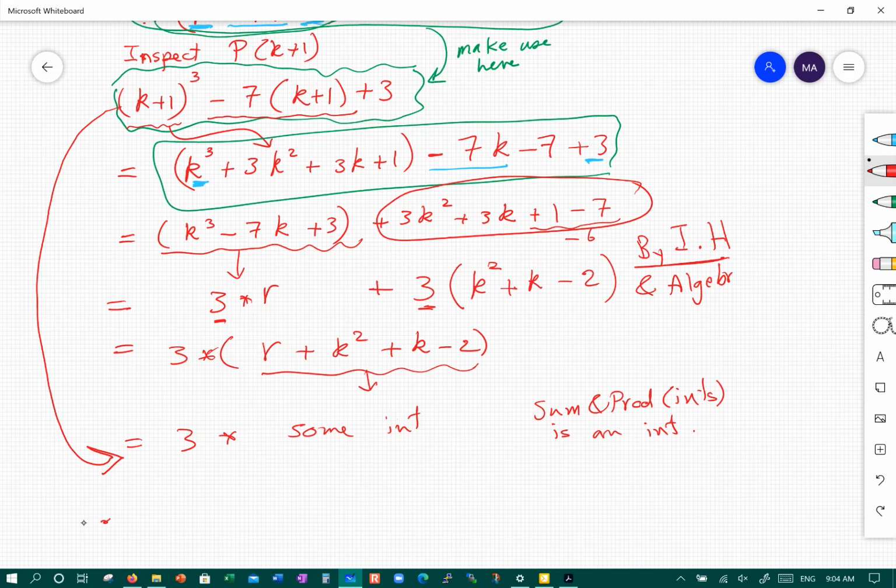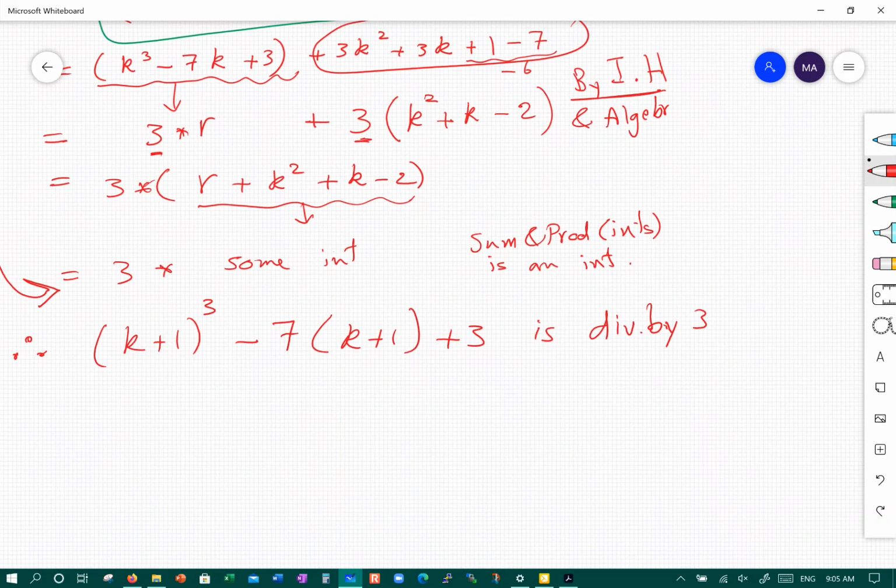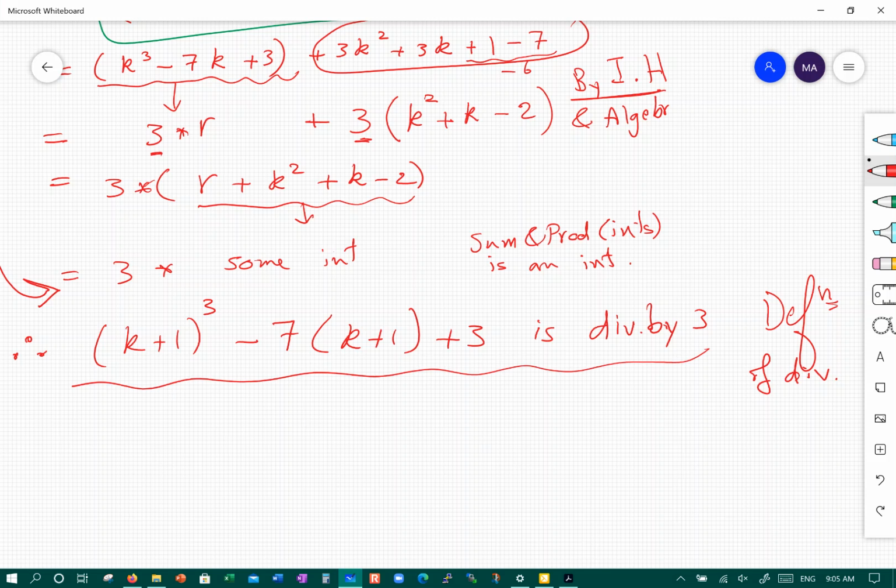So therefore I can conclude that k plus 1 cubed minus 7 times k plus 1 plus 3 is divisible by 3, using the definition of divisibility. So this statement is what I was looking for, that this means that p of k plus 1 is true.